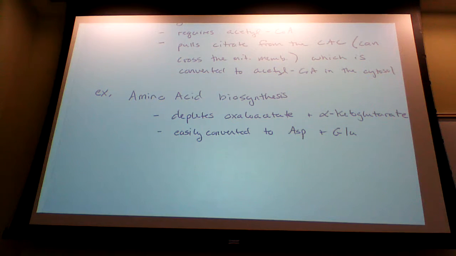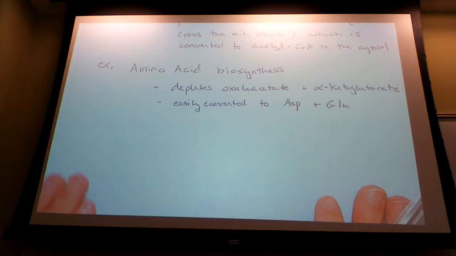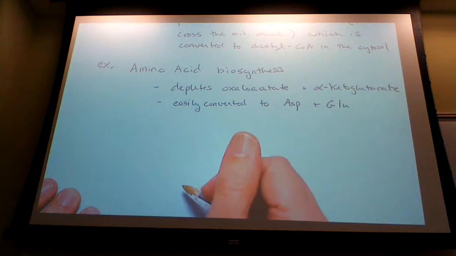We are going to look at degradation of amino acids, and really the only difference between aspartic acid, glutamic acid, and oxaloacetate and ketoglutarate is one amino group, and that's it. And then you can also make other amino acids as well, but the one-step conversion is to these two. Okay, so those are all ways that we deplete the citric acid cycle intermediates.